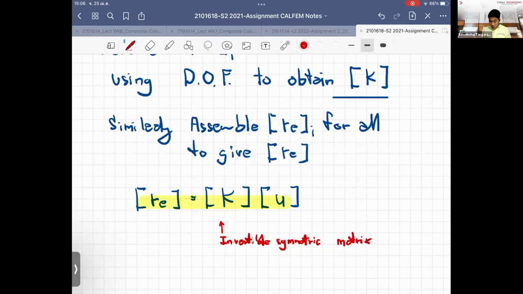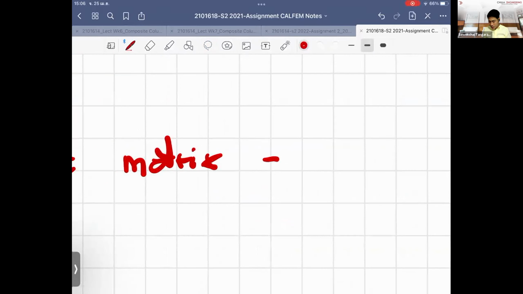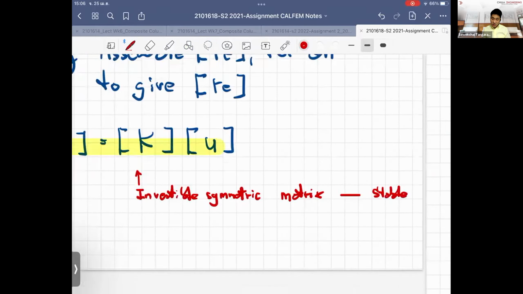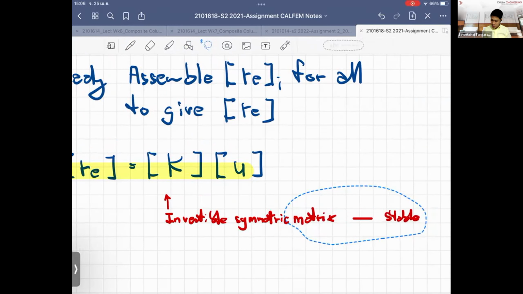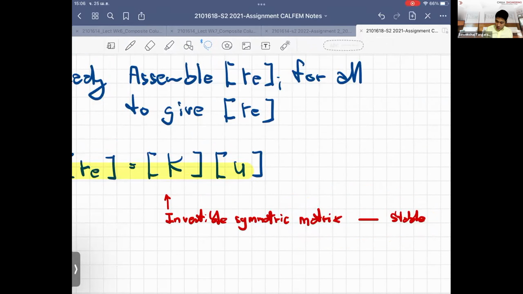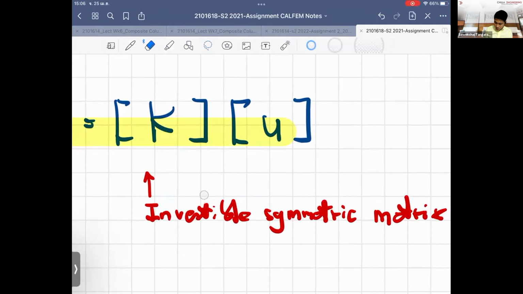So the matrix or the structure that you're looking at is stable, right? So you have a good structure model, so it can be inverted, invertible.